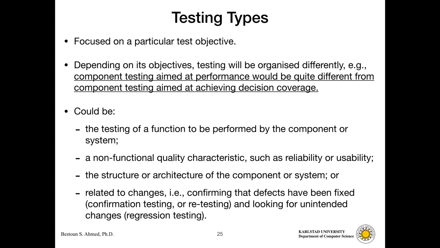The test could be the testing of a function to be performed, or a non-functional quality characteristic, or the structure or architecture of a component, or changes related to confirming that defects have been fixed. So for example, confirmation testing or retesting or whatever it is.